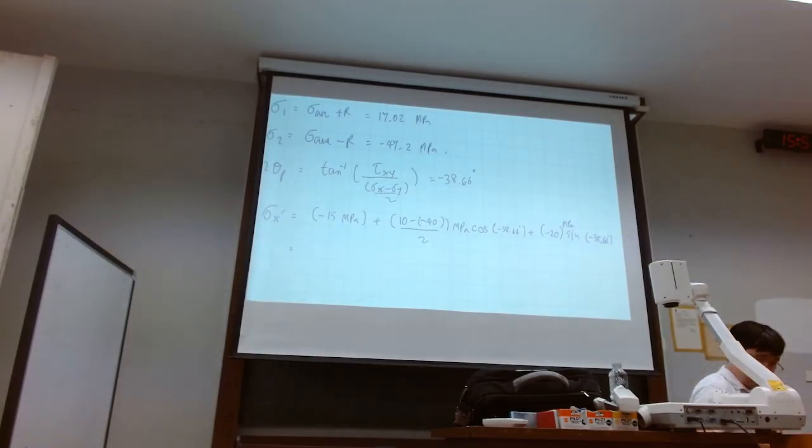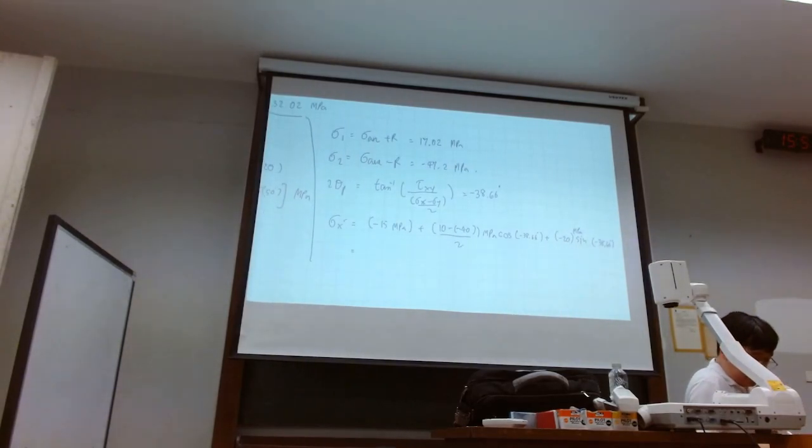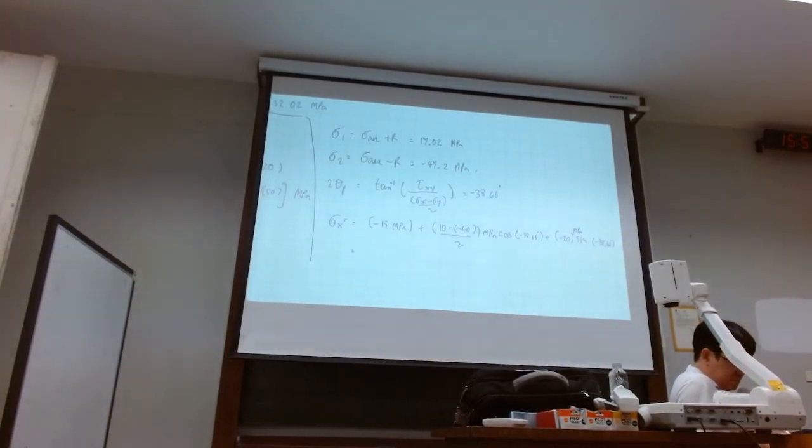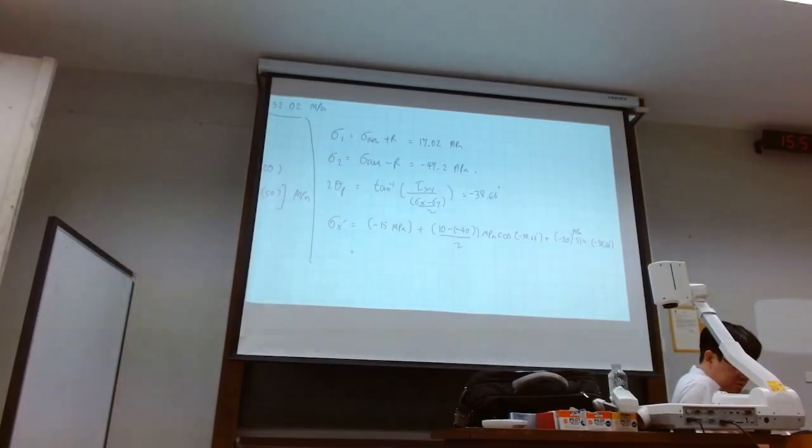Now you do that substitution, and what do we have? Minus 15, 25 times cosine of minus 38.66, minus 20 sine of minus 38.66.